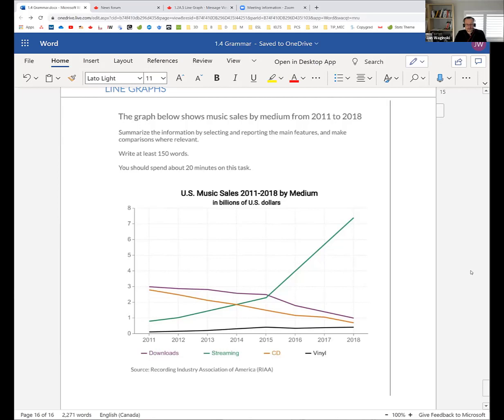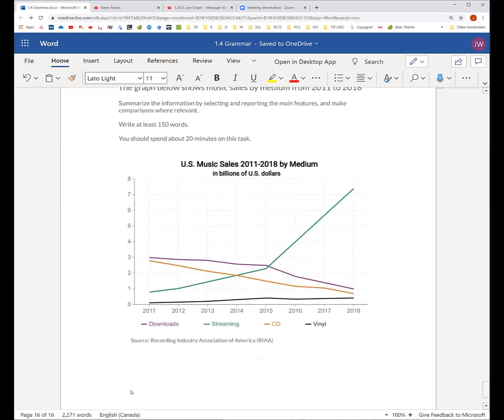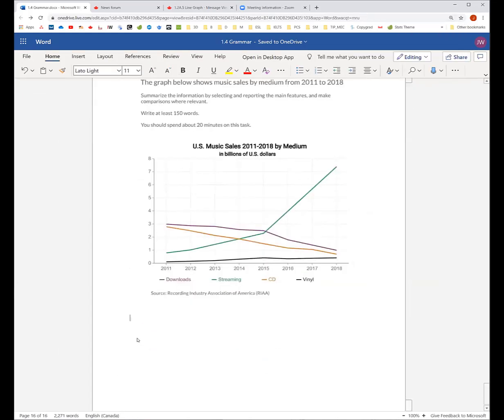The line graph shows, the line graph below demonstrates music sales by medium from 2011 to 2018. I'm just going to write down exactly what we said.